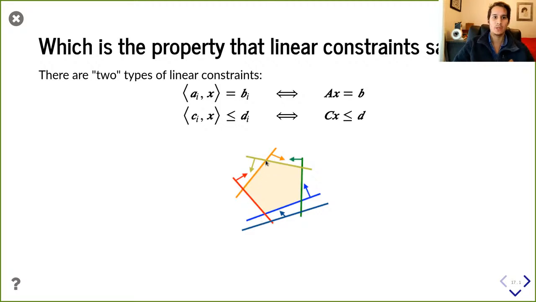So for example, if we are trying to solve the problem, minimize the norm of x, that's a convex function, subject to this region, what you have is a convex problem, and by having a convex problem, if you find a local minimizer, you are sure that this is also a global minimizer.